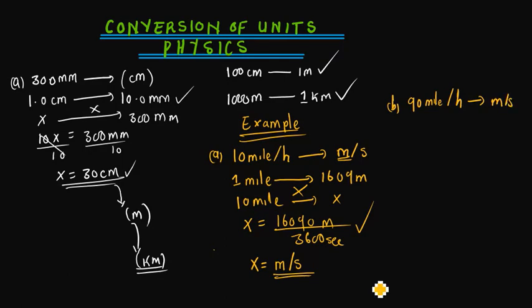Use the same conversion factor. 1 mile is equal to 1609 meters. You get your 90 miles, you equate it to x, you cross multiply. Let me just punch my calculator.